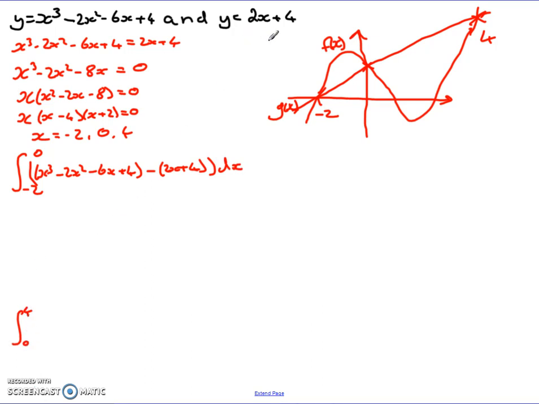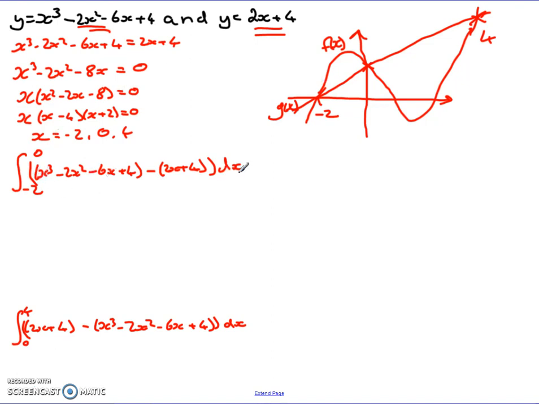But this time, it's the straight line take away the curve. So this time it's going to be 2x plus 4 take away the curve x cubed minus 2x squared minus 6x plus 4, again with respect to x. Once I do the pair of these, I add up my answers. It's the total area and I'm there.